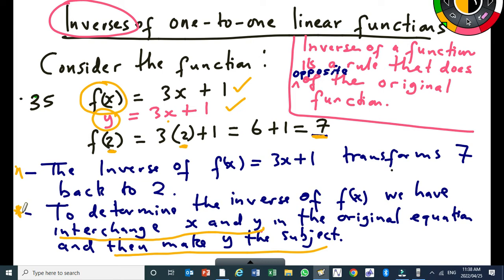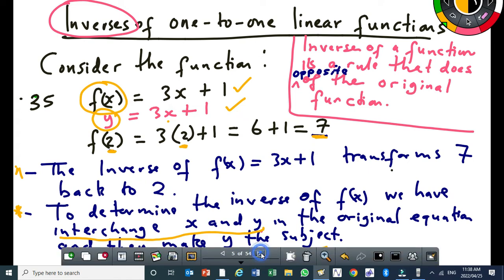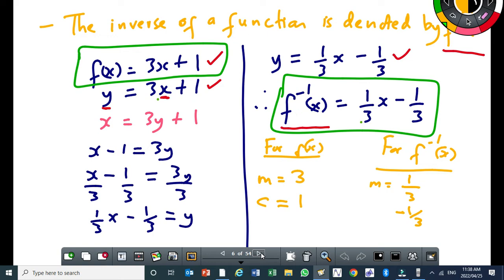Okay, so let me move on to the next page. Right, if you are behind, you can take your time. Yeah, but you need to understand what you're copying. Okay, that's where the teacher comes in.